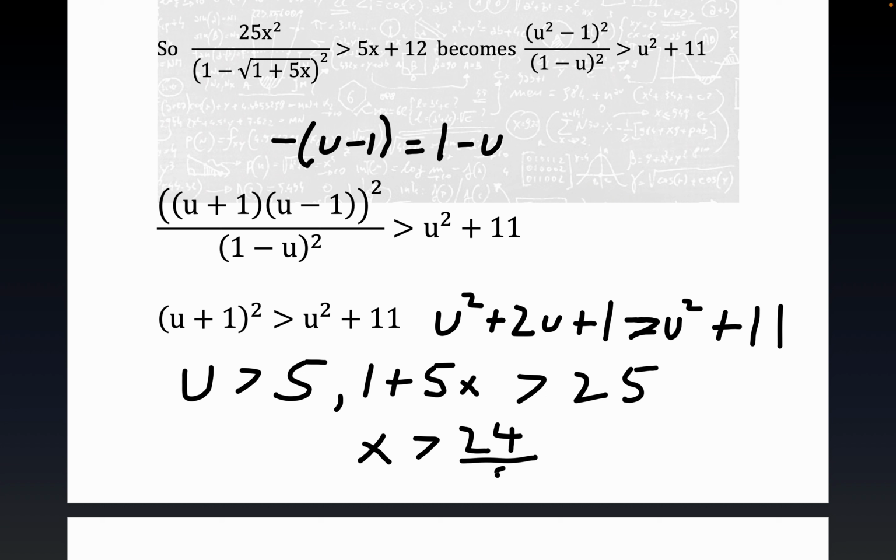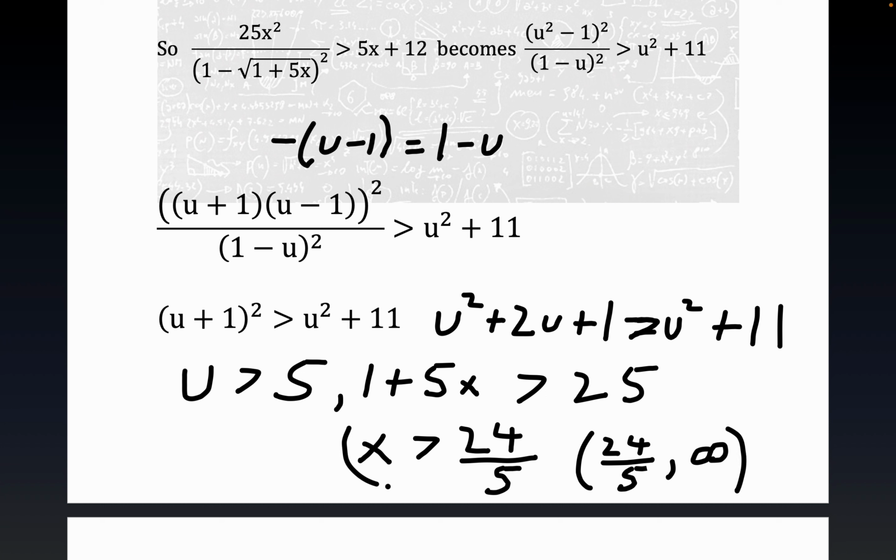If you write this in interval notation, it's 24 over 5, with a parenthesis meaning to exclude the endpoint, comma infinity. Infinity being the supremum for all the real numbers. Not a number, but a concept. Okay, so there we go.